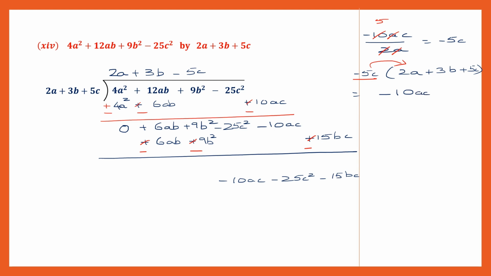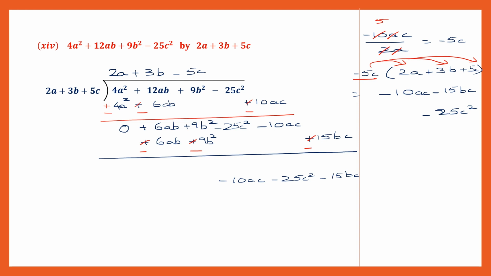Then we multiply this with 3b. The sign is minus, 5 3s are 15, c into b is cb or bc. Then we multiply this with plus 5c. So the sign is minus, 5 5s are 25 and c into c is c square.